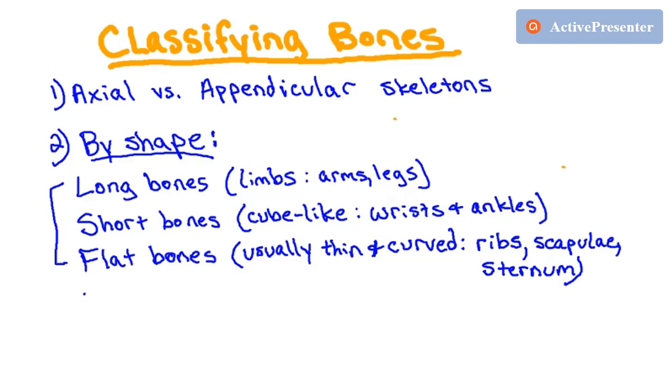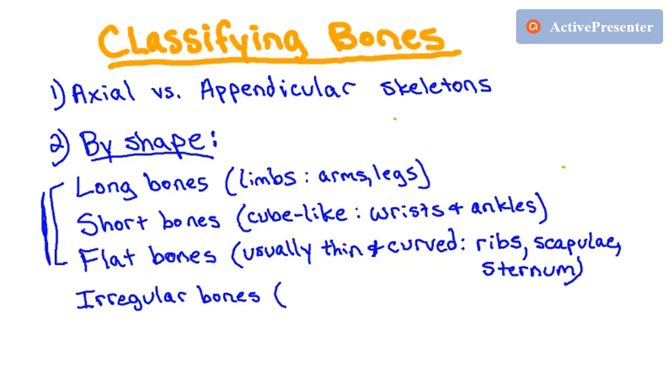One we just call irregular shaped bones, and that's almost like a catch-all category for any of the bones that don't fit these definitions up here. It's not long, they're not short, and they're not flat.